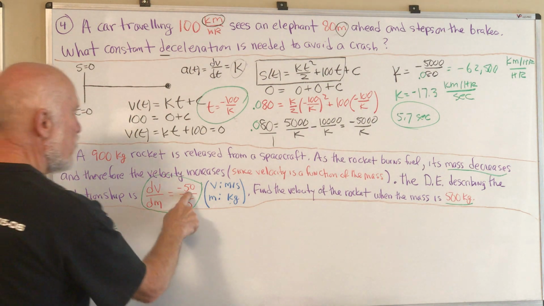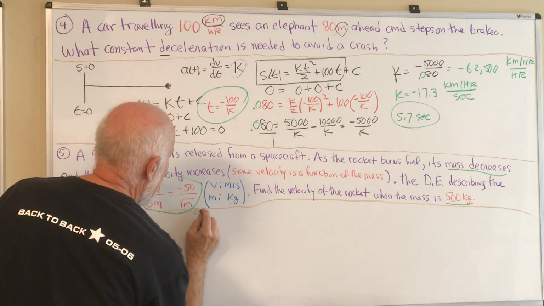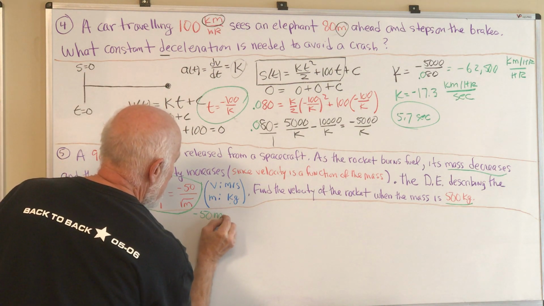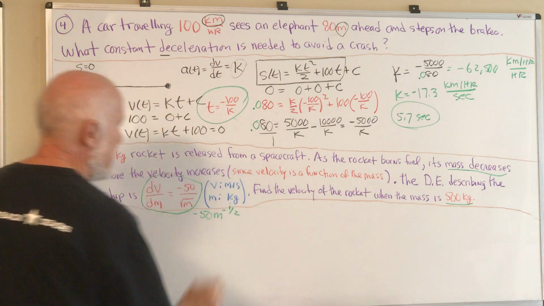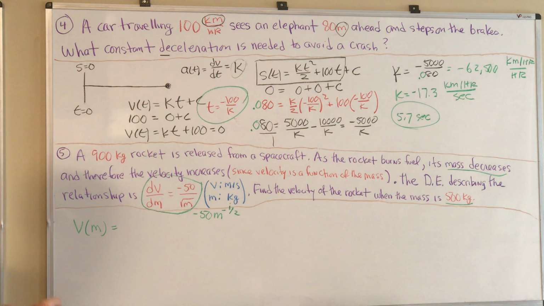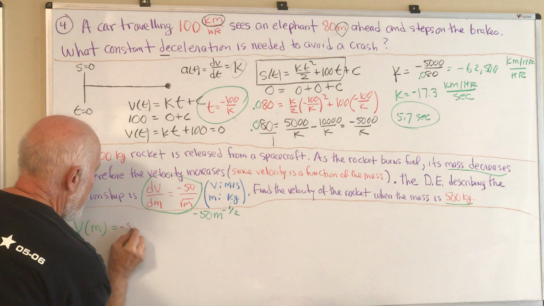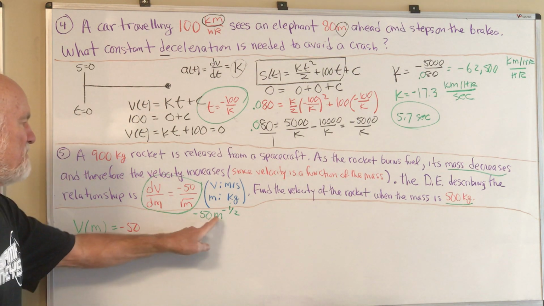And probably the first thing you want to do is rewrite this as negative 50 m to the negative 1/2 power. So v of m is going to be negative 50, and then it becomes m.